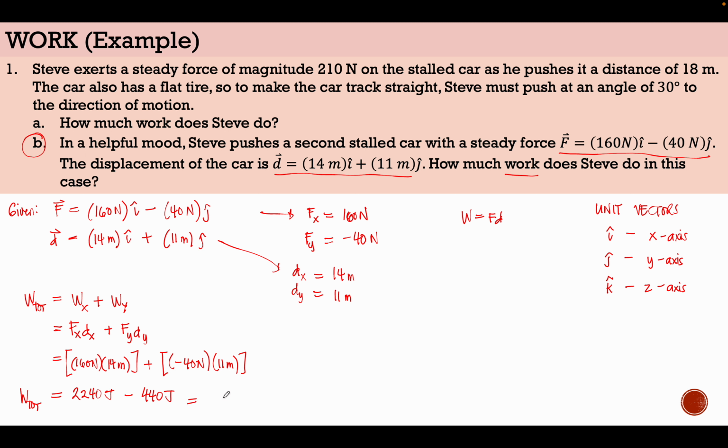So the total work done by Steve on the second stalled car is equal to 1,800 joules.